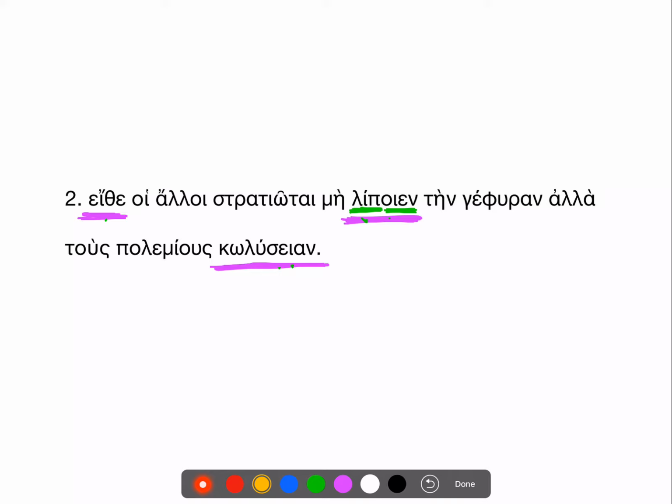The subject in the nominative here is hoi aloi stratiotai. And then lipoien has a direct object, ten gephoron. And koluseion has a direct object, tus polemius. So let's put it all together.